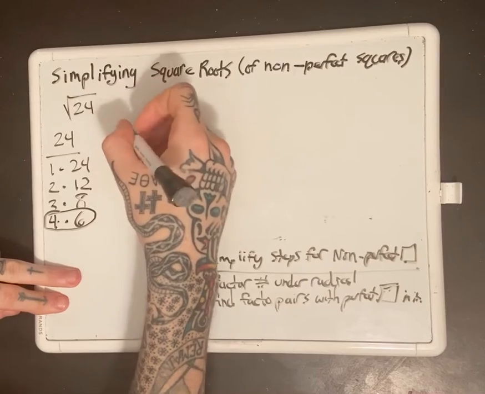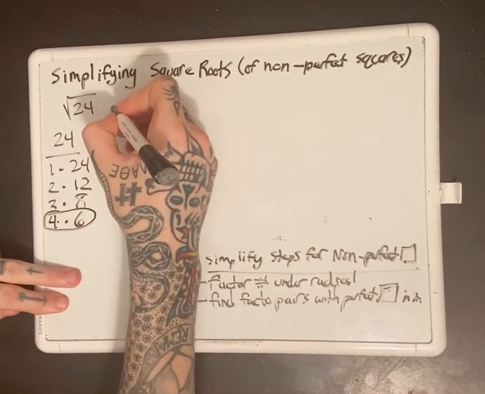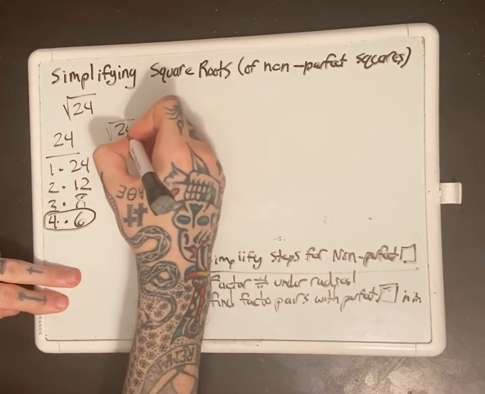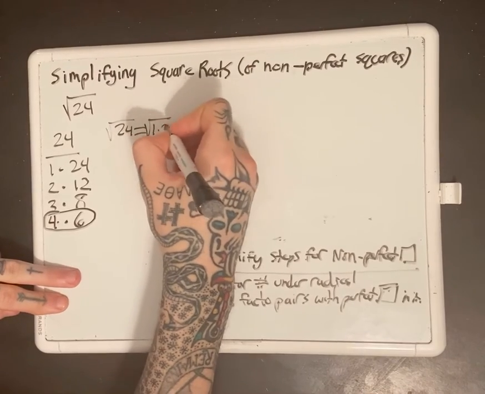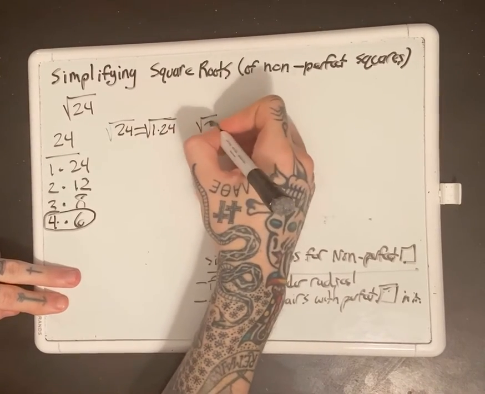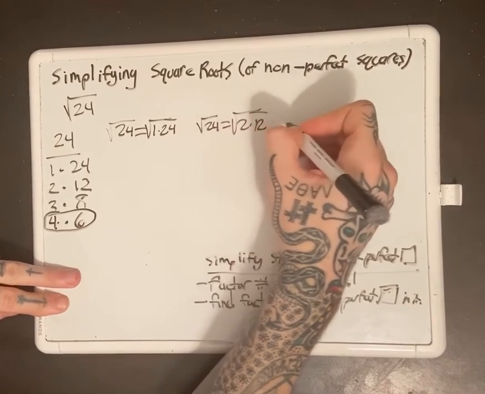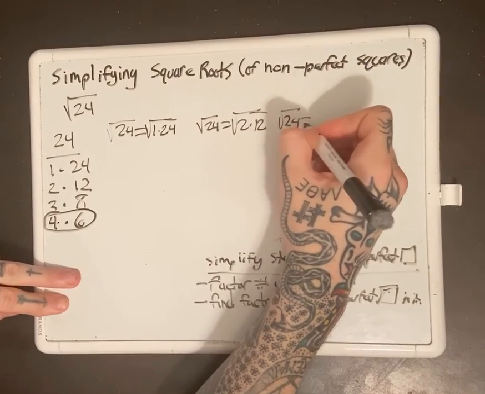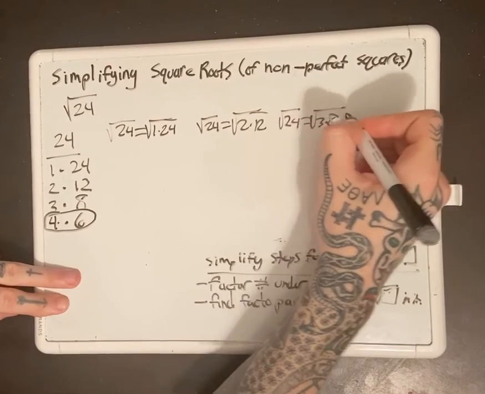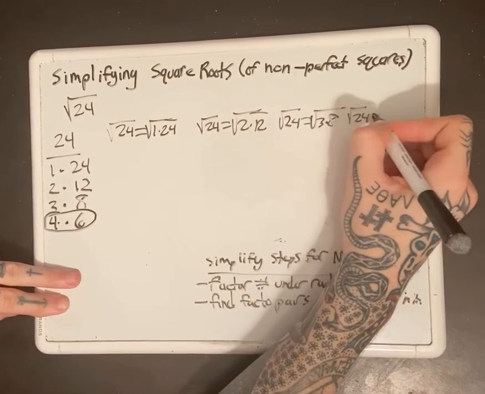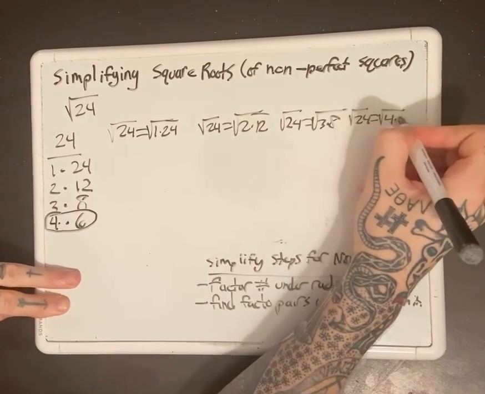But this can be rewritten as square root of 24 is equal to 1 times 24. Square root of 24 is equal to 2 times 12. Square root of 24 is equal to square root of 3 times 8. Square root of 24 is equal to 4 times 6.